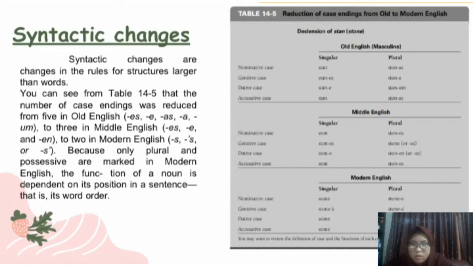Syntactic changes. Syntactic changes are changes in the rules for structures larger than words.